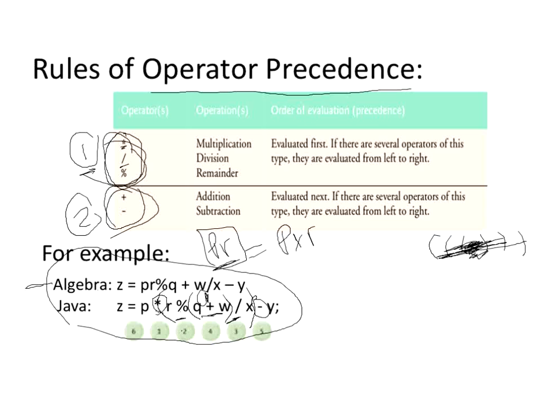I might give you an equation in the exam and ask you to find the precedence, or give you values and numbers, and you have to give me the answer.